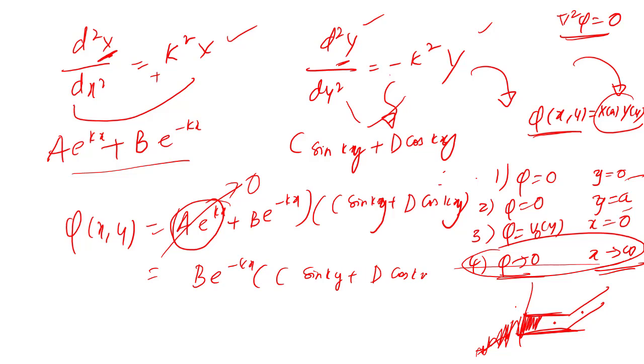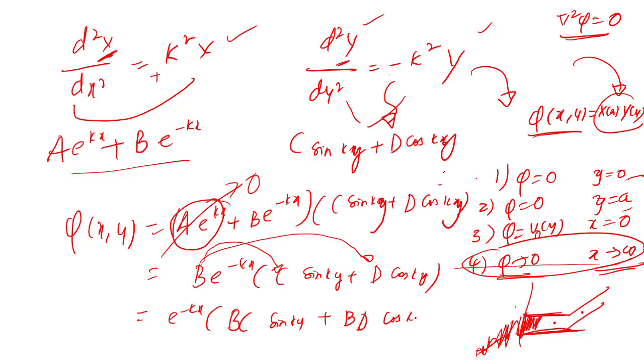Now you can absorb this b into this. So you would have e to the power minus kx, bc times sine ky plus bd times cosine ky. So we have bc and bd. We're just absorbing this b inside, and we're going to call this the new constant c and this the new constant d.